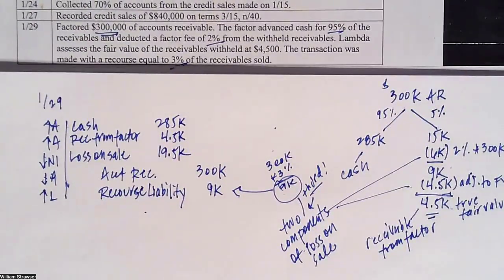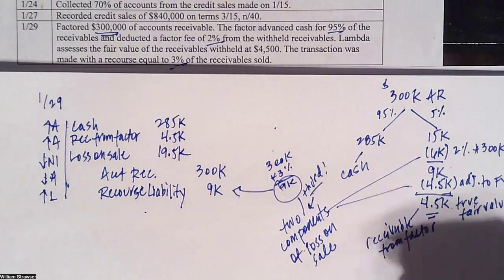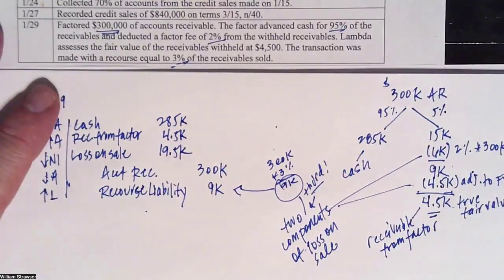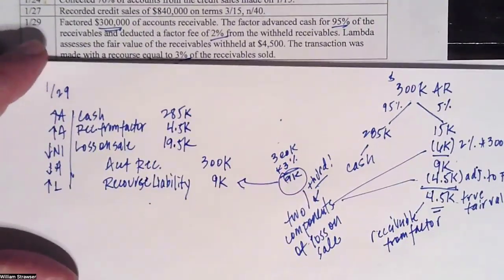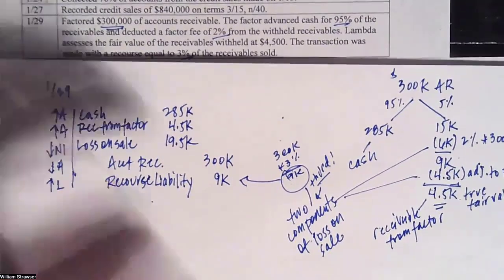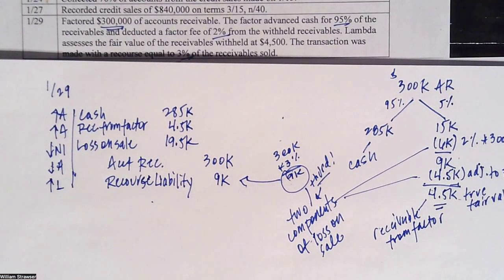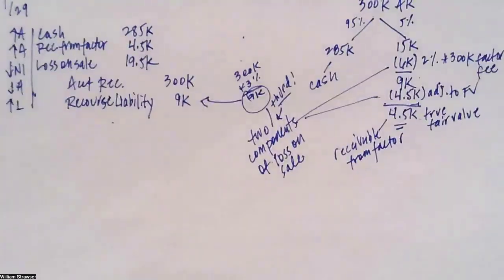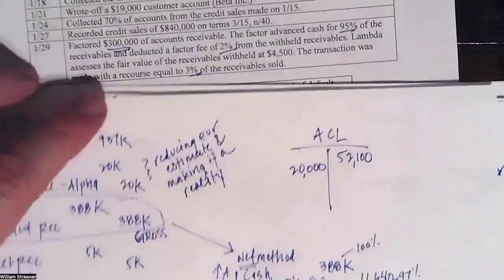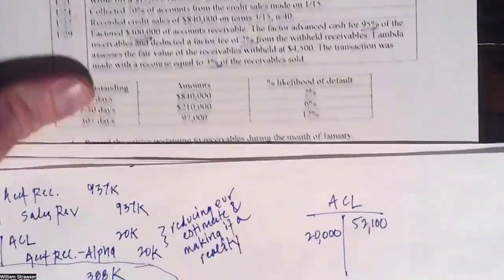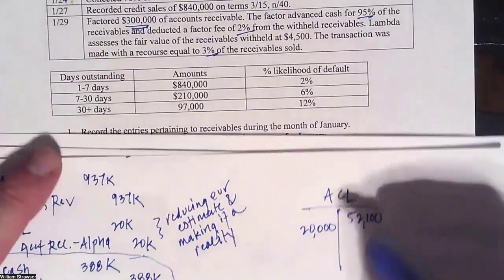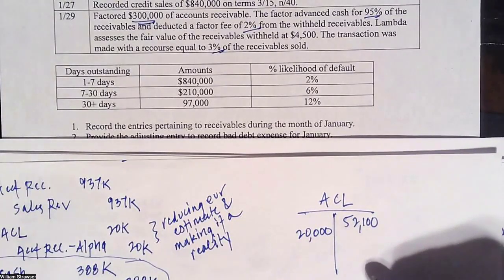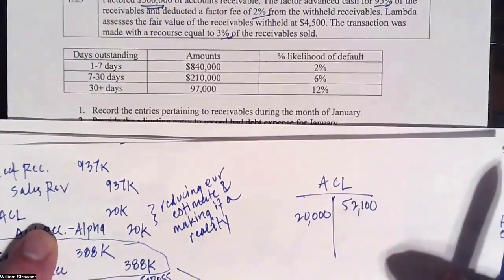Okay, so take a moment and make a T account. We're not going to do the entire receivables account, but I already started it on the prior page when we were working through the receivables. We'll talk about why we don't really, in this case, need an ART account. So my allowance for credit losses, 52,000, 20,000 from the write-off.